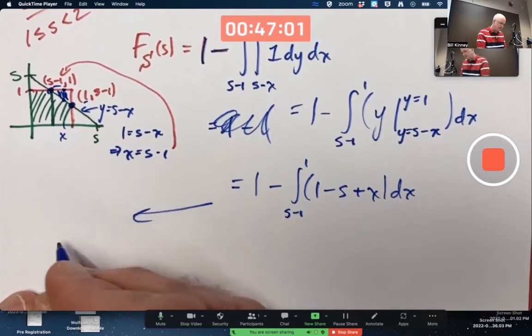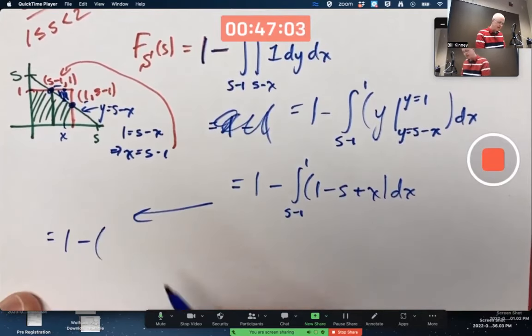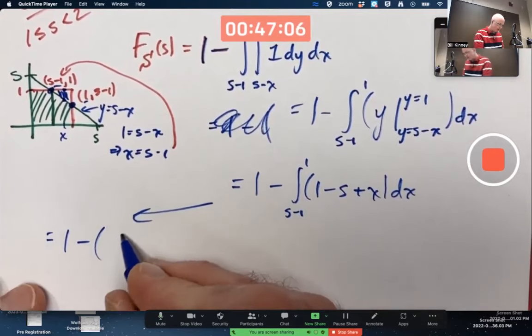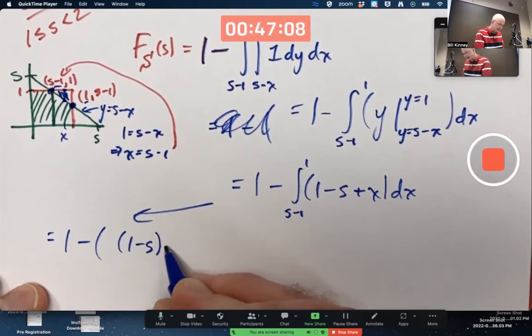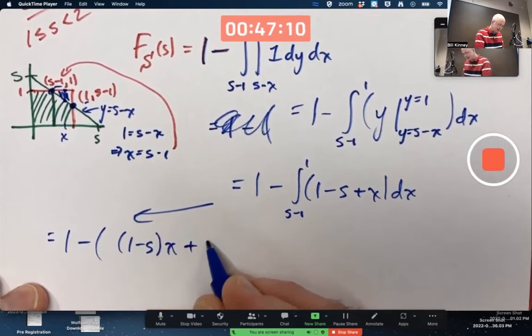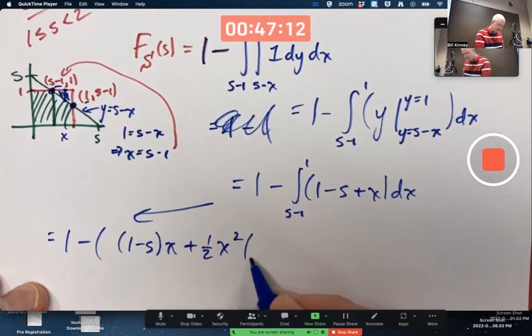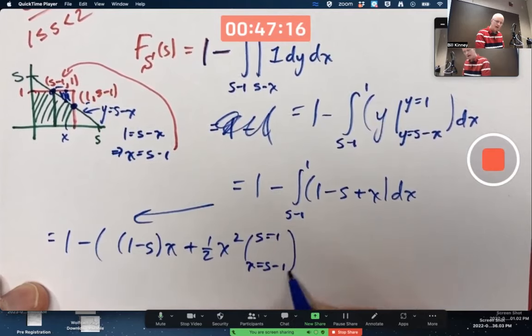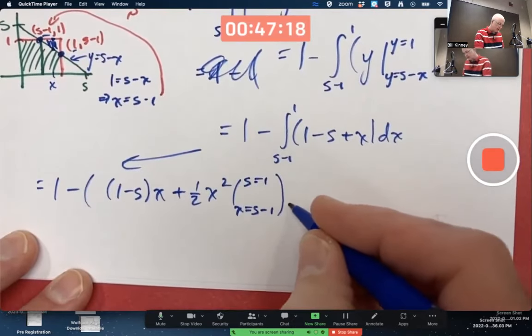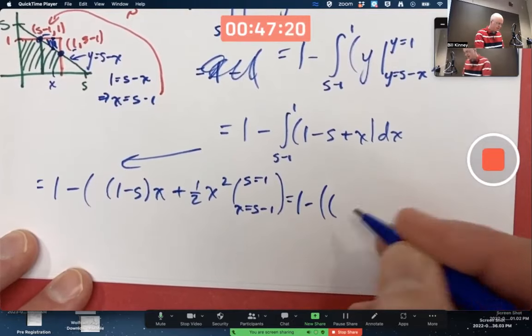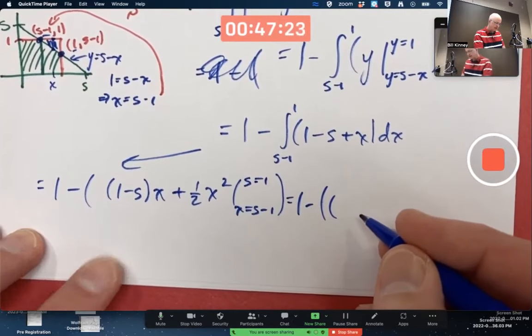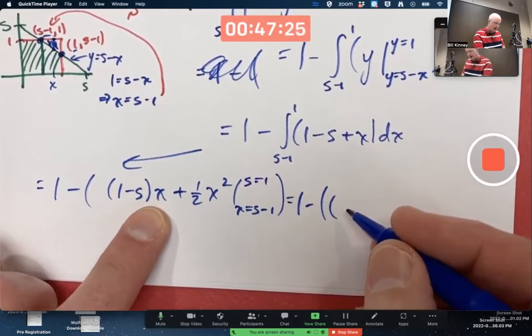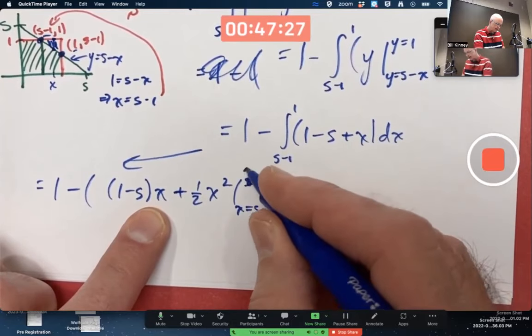Getting close. This becomes 1 minus, in parentheses, integrate with respect to x. Get this. Plug in the numbers. Be really careful not to make a mistake. Replace s with 1 there, x with 1, sorry, this is an x.